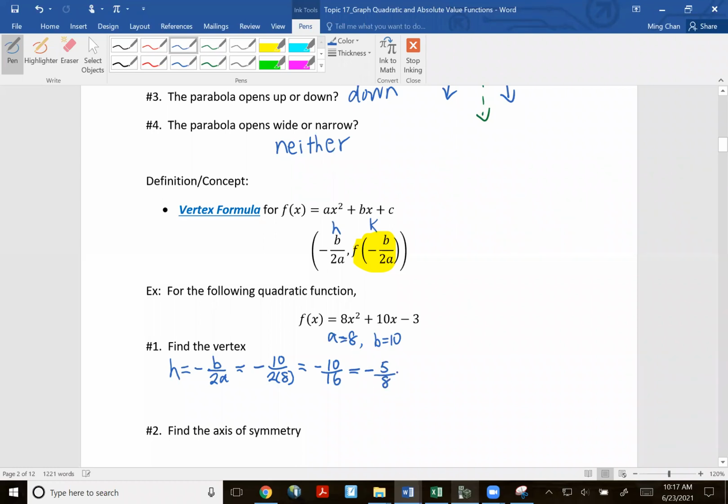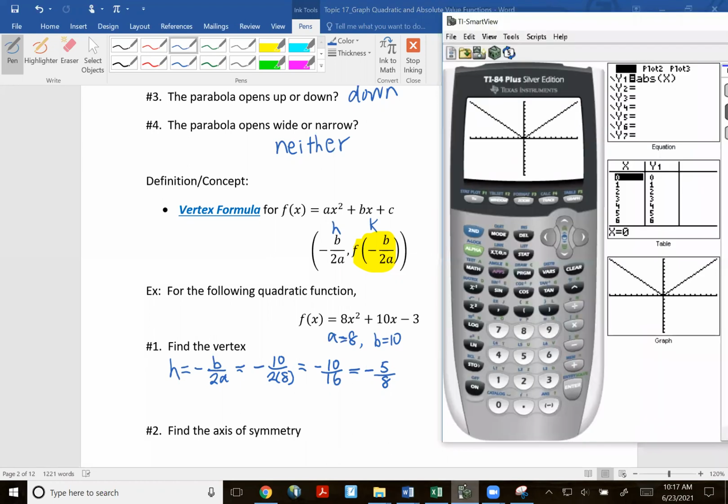This number is extremely hard to find from the graphing calculator. If I would just enter 8x squared plus 10x minus 3, there is a way to find this vertex in a graphing calculator, but if the answer you're looking for turns out to be a fraction, like the negative 5 over 8, then the calculator will never display that fraction.